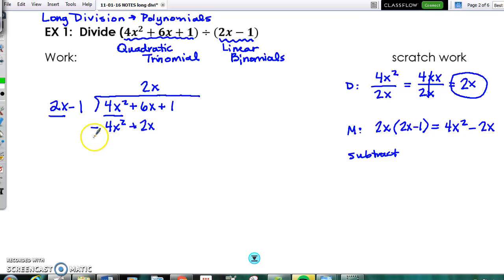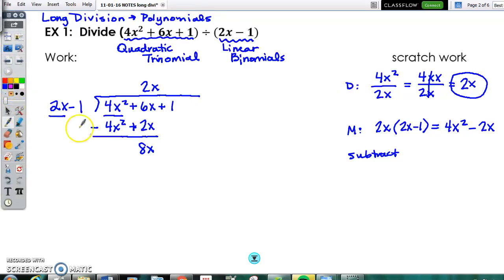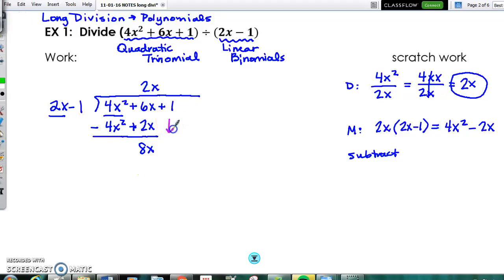Or you can think of it as change the signs and add. That's really what subtraction is. Those cancel out. 6 plus 2 is 8. Alright, we just did one round, or iteration if you're getting fancy with vocabulary. And now we're going to drop it like it's hot.